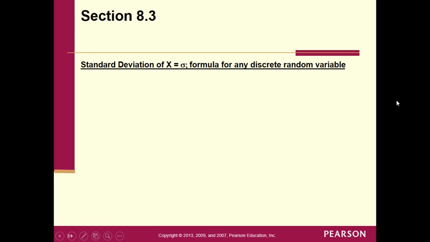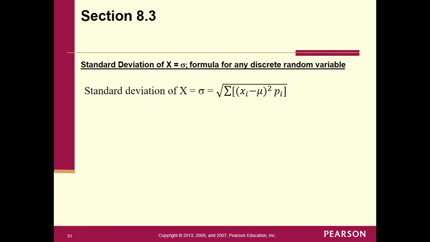All right, so let's figure out the standard deviation of x, meaning sigma, because we're talking about a population standard deviation, using a PDF, a probability distribution function, or a probability distribution table. Since we are talking about all the x's, that would be sigma.